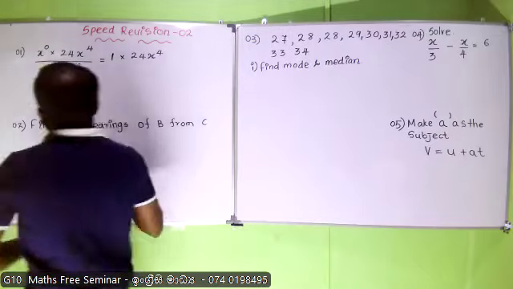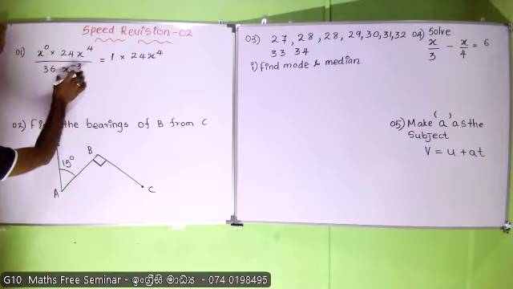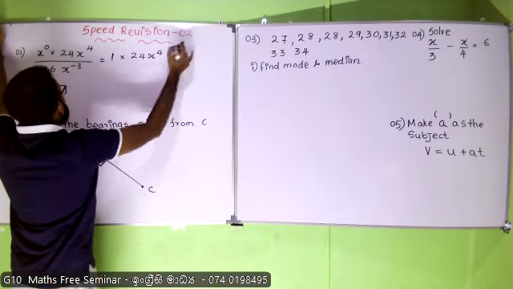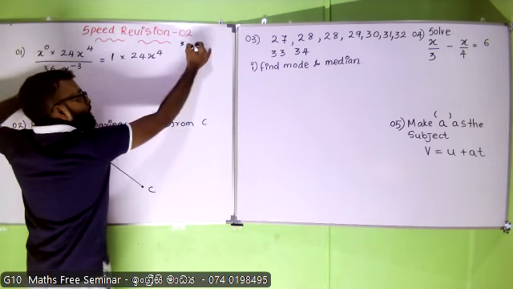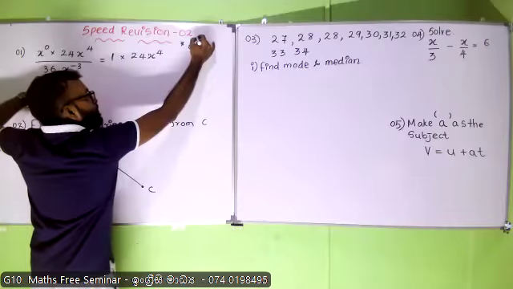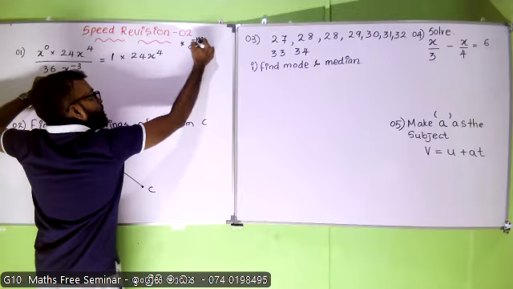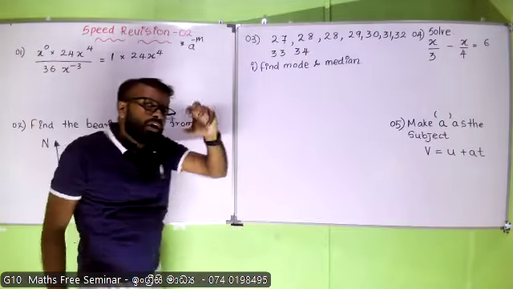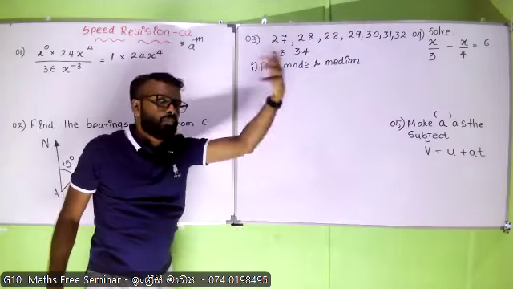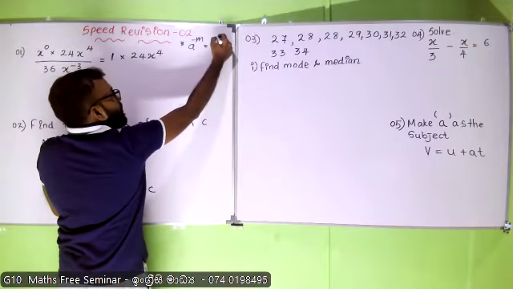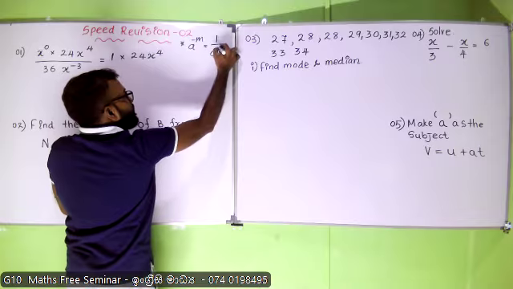The theory that you are going to use is the laws of indices. Here you have a to the power minus m. Now this is a negative power. If you want to convert it into a positive power, you need to get the reciprocal: equals 1 upon a to the power m.